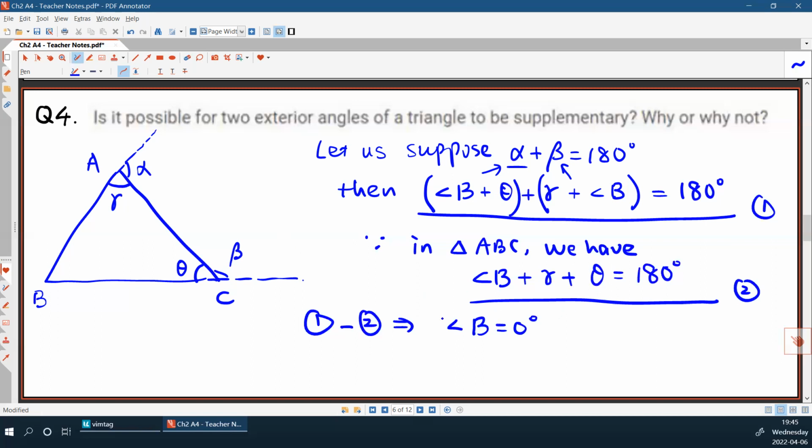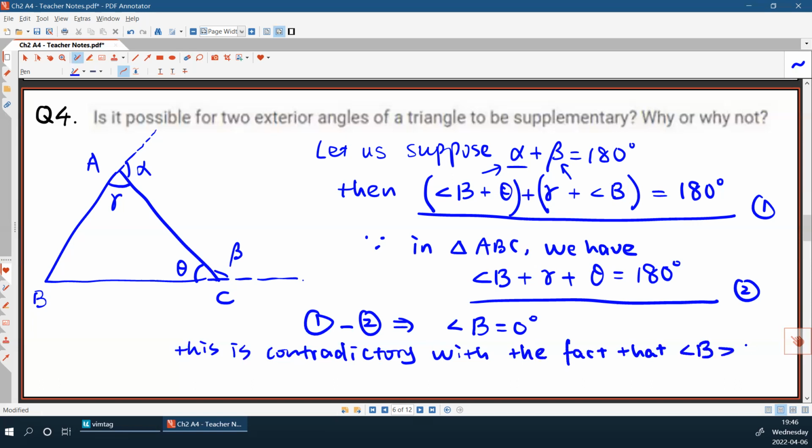This cannot happen, right? Because angle beta is an interior angle of a triangle. Any interior angle in a triangle cannot be 0. So that contradicts the assumption here, right? It is contradictory with the fact that angle B must be a positive number.